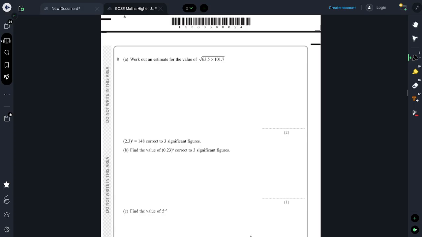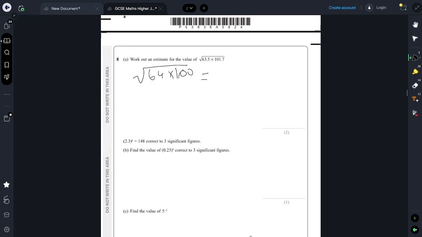So here, it wouldn't be logical, I think, to just round to the nearest thousand or something. 0 times 0, that's not sensible. So we do need to be clear of what we pick. But actually, this is a square root and these look a lot like square numbers, right? 63.5. I think it's sensible to round this up to 64 and round this down to 100. I think that's a sensible estimation.